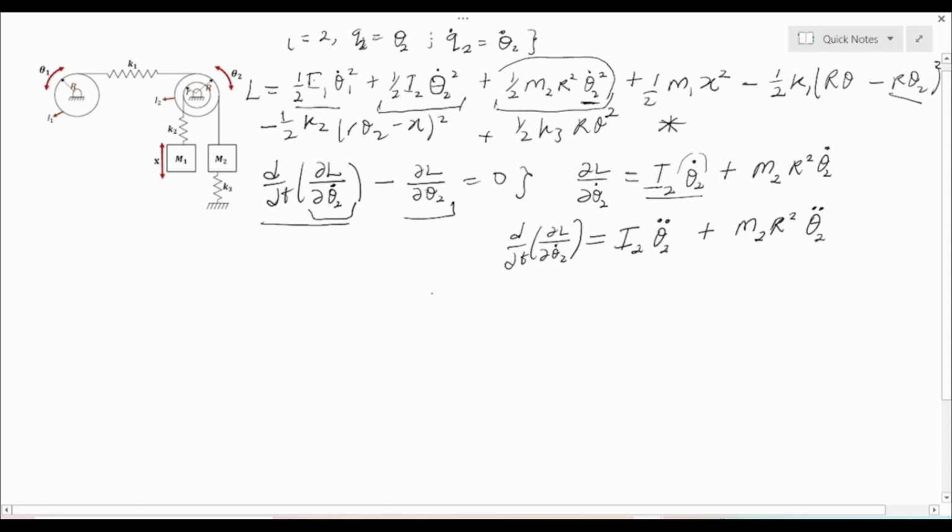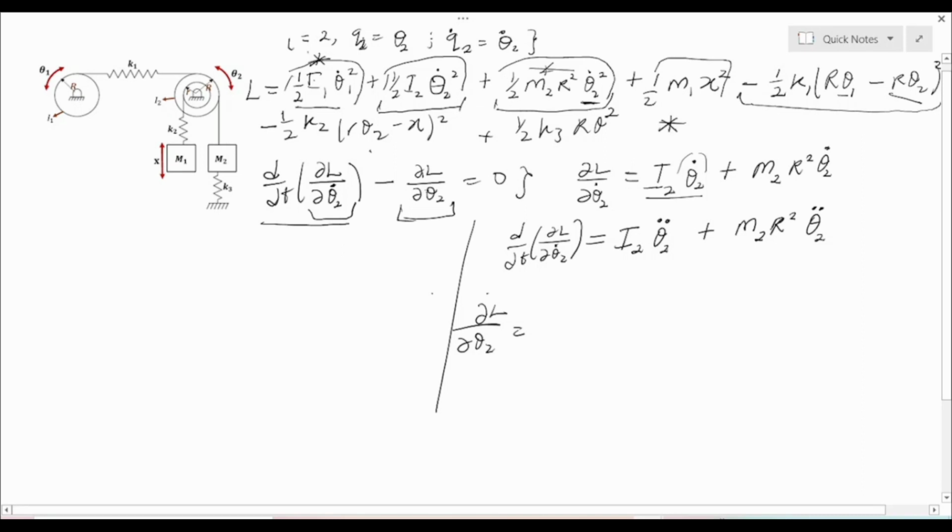So the next thing we want to do is to find the derivative of the second term, which is dL/d theta 2 of our Lagrange formulation. To do that, we differentiate all terms containing theta 2 in the Lagrange formulation to be able to get a value here.